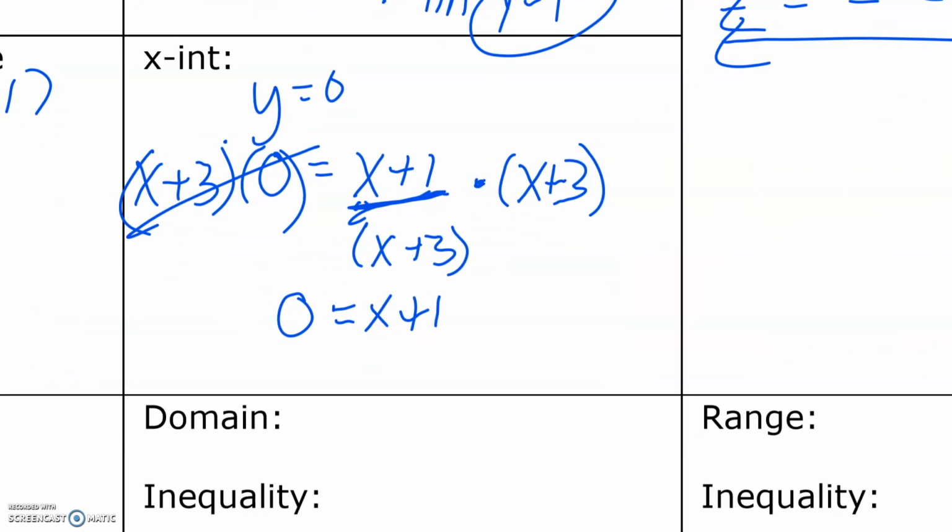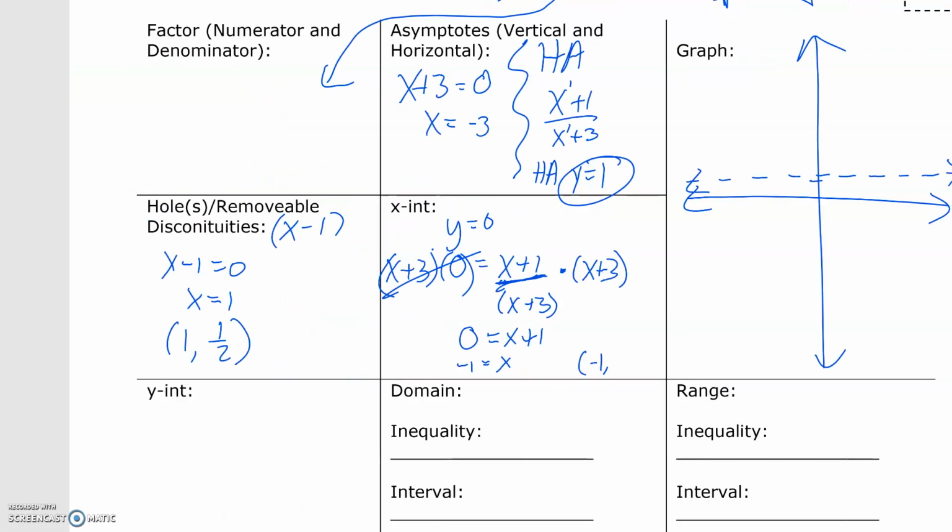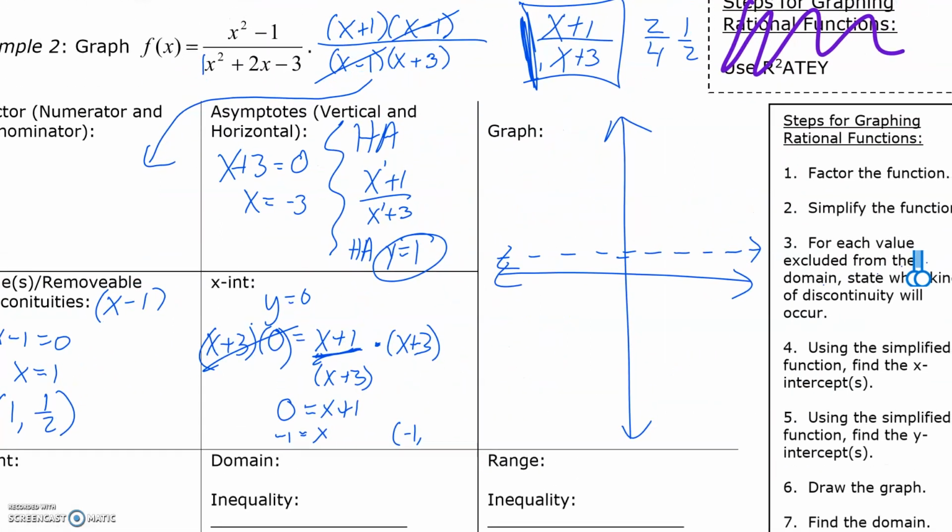So next, we subtract 1, and x just equals -1. If it's an x-intercept, we need an ordered pair, so this is going to be -1 as our x value. Now for our y value, we would substitute back into our simplified formula: -1 plus 1 divided by -1 plus 3.